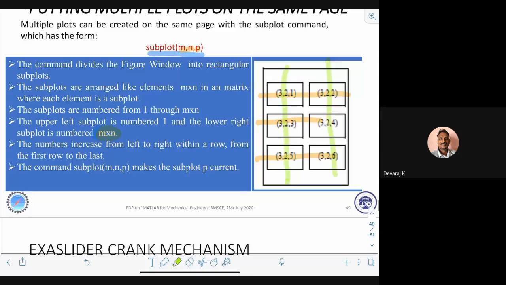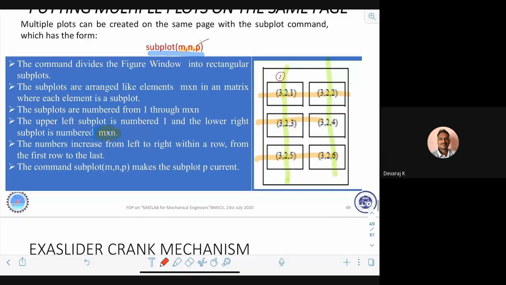So this will become graph 1, and that is P. If you want to plot this graph, you should say subplot 3, 2, and P should take a value of 1. Then if you want to plot it here, it should take a value of 2. Then you come to the next row. 3 is this graph, 4 is this graph, 5 is this graph, 6 is this graph. Got that point? So 1, 2, 3, 4, and 5, 6.